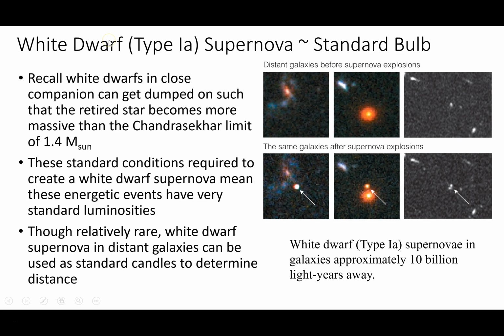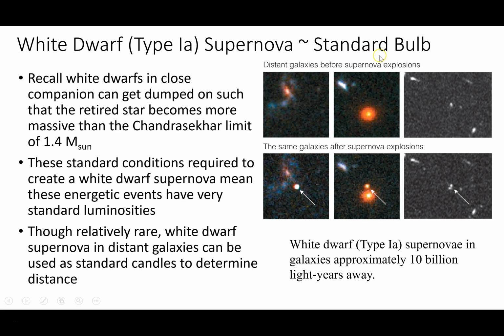Now remember, you're going to need to know what happens with this white dwarf supernova type 1a. This is where you have a retired star with a swollen companion that is dumping material onto it. It gets dumped on beyond the Chandrasekhar limit, and it blows up. What makes it a standard candle is that it blows up with the same brightness all the time, because it has that critical 1.4 solar masses before it blows up.